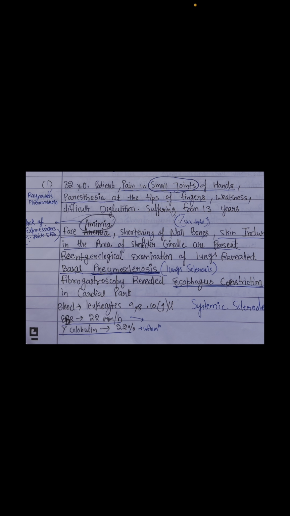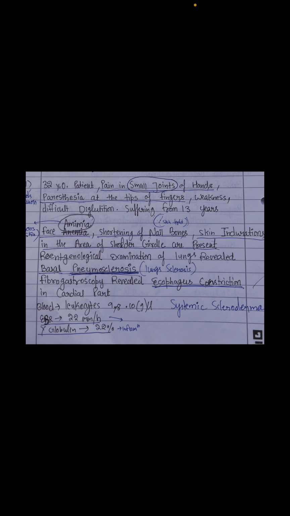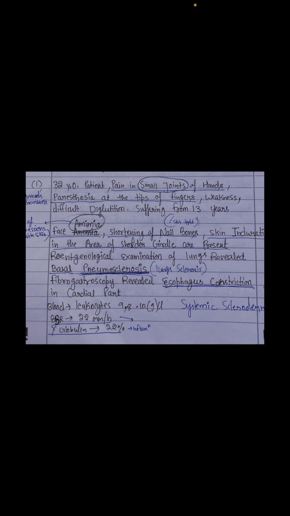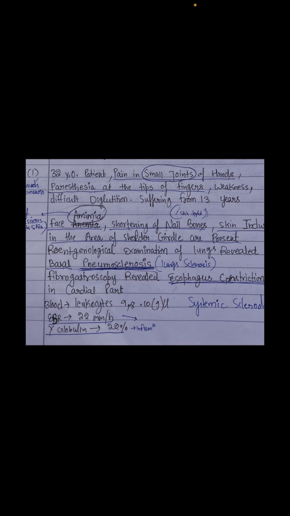This is what highlights Raynaud's phenomenon, that there is a bluish discoloration of the fingers of the hand. Weakness, suffering for 13 years since it is chronic. Shortening of nail bones because the skin got thickened. Skin indurations in the area of the shoulder girdle are present.